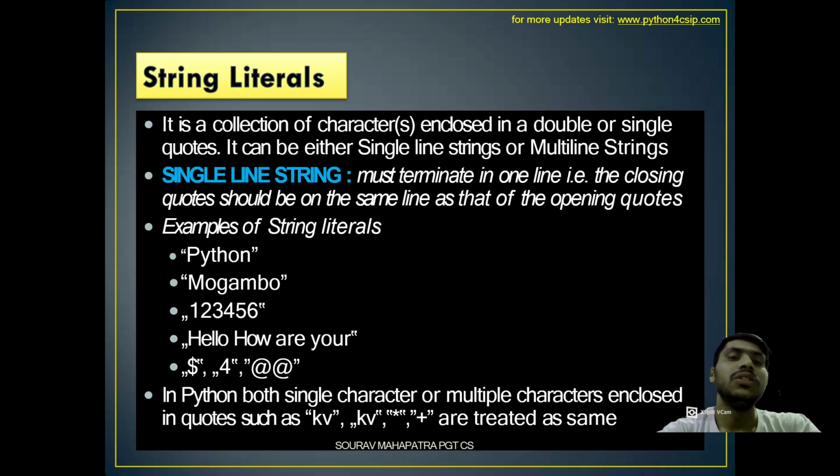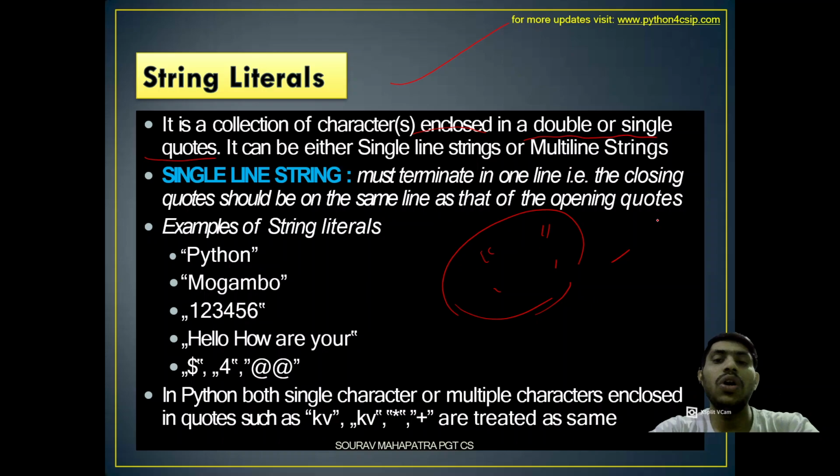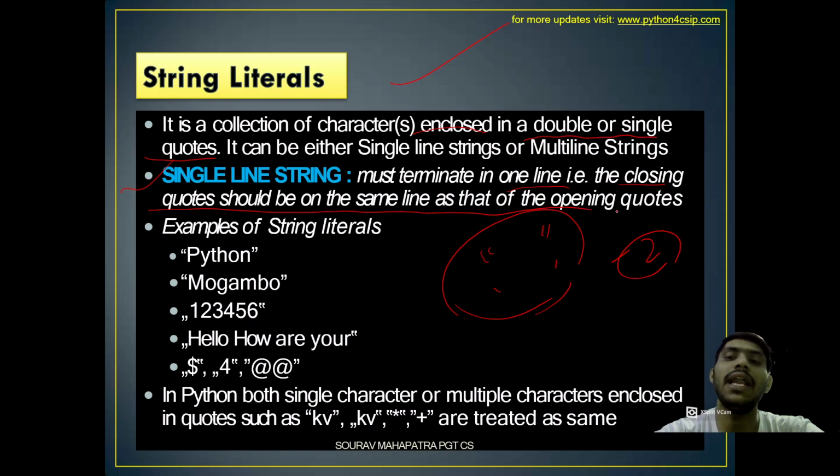A string literal is a collection of characters enclosed in double or single quotes. Either in double quotes or single quotes, it will be represented as a string. Two types of strings are available: single-line string and multi-line string. A single-line string must terminate in one line. The closing quote should be on the same line as the opening quote.